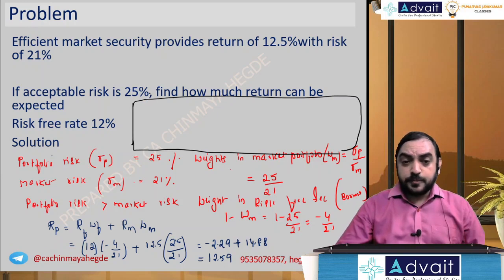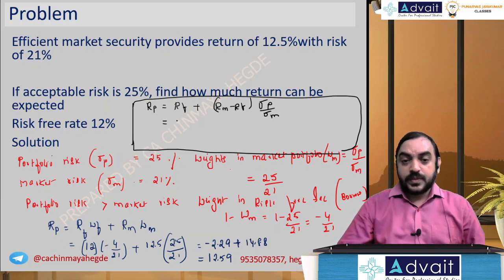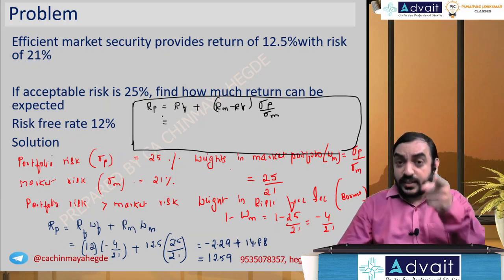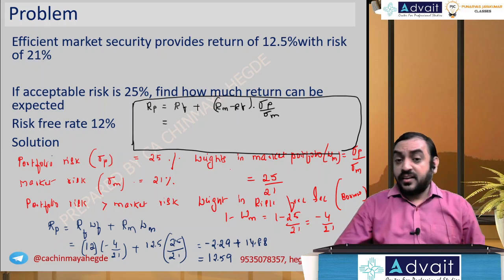Directly we equated return of a portfolio for a given level of risk, that is RF plus RM minus RF into standard deviation of portfolio divided by standard deviation of market. Do you remember? This we had discussed. In fact, this looks like CAPM, but in CAPM, this is beta we multiply, not the standard deviation. Anyway, that we'll handle later.